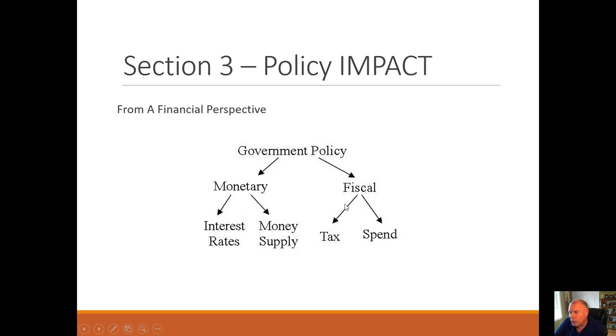And this is the federal government, ranging from the executive branch to the congressional branch, the legislative branch, to the judiciary. So we want to think of policies as coming through this. So policy can be achieved by taxing, spending, and monetary policy through interest rates and money supply.